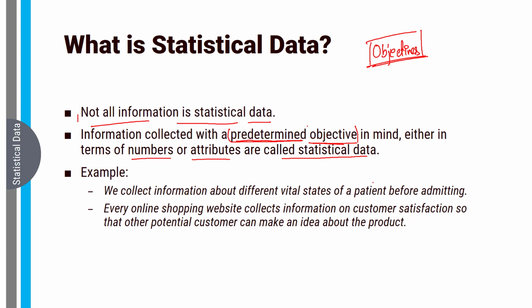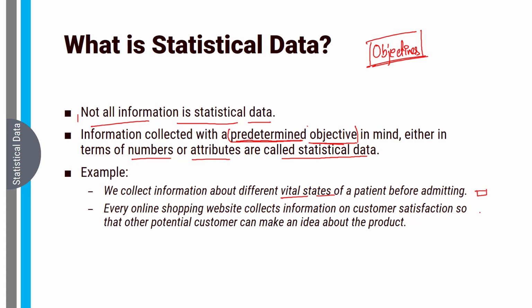Some examples of statistical data are: the vital stats of a patient collected before admitting to hospital, right? Every online shopping website collects information on consumer satisfaction, we give ratings to a product, etc. So these are all information, right? For the vital stats, there is a certain predetermined reason why we're collecting this information, right?